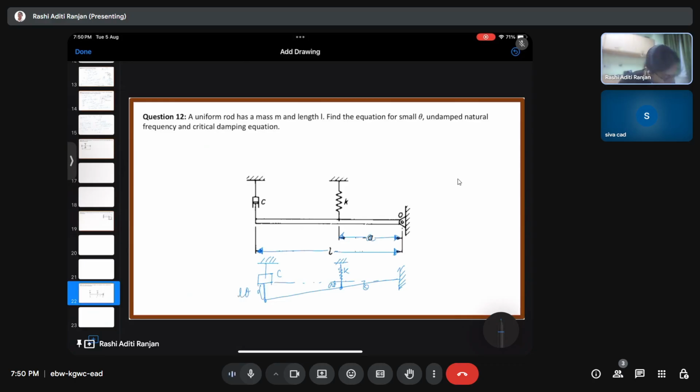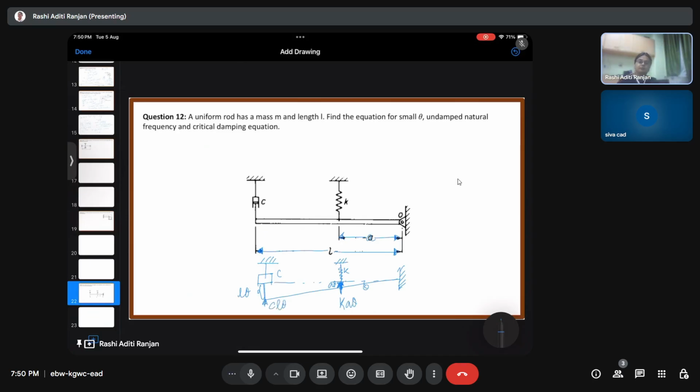So, what are the forces? Here, there will be one force, not in this direction but rather in this direction, which will be equal to K A theta, and one force over here, which will be equal to C L theta dot, right?